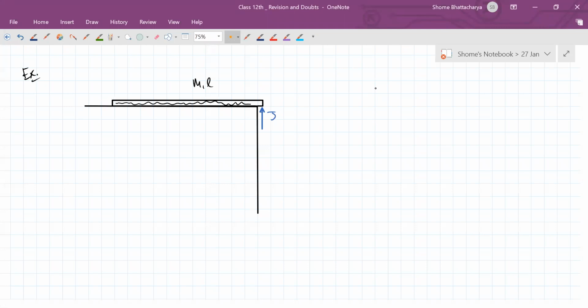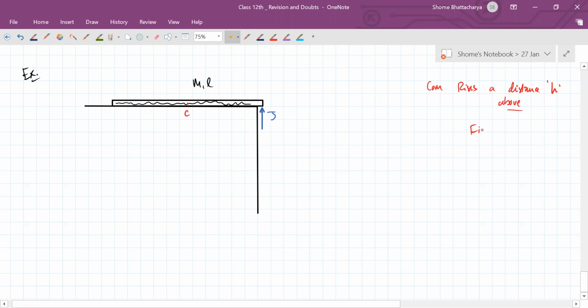Okay. So a uniform thin wooden plank AB of length L mass M is kept on the table with end B slightly outside. When an impulse J is given to the end B, the plank moves up with the center of mass rising a distance h from the surface of the table. Okay. So the center of mass now rises a distance h above.